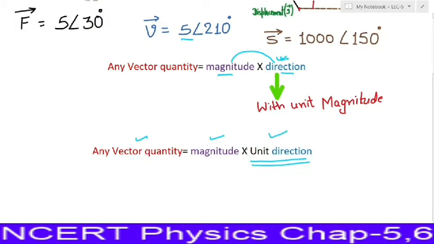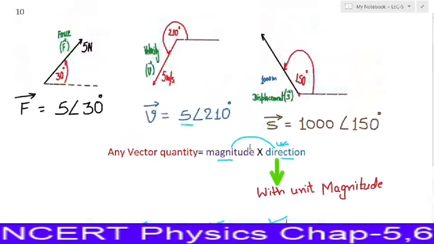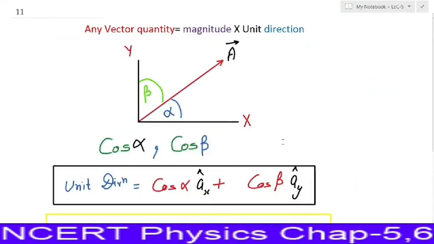So now our question is how to find this unit direction term. To find it, just note which angle is made by this vector with the positive x-axis and the positive y-axis. Now if you have found those two angles, then take the cosine of these two angles. Suppose any random vector makes angle alpha with the positive x-axis and beta with the positive y-axis.